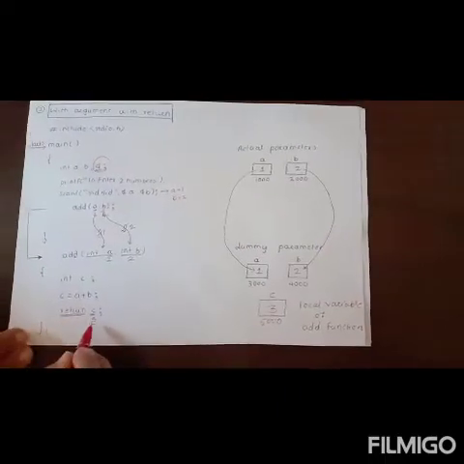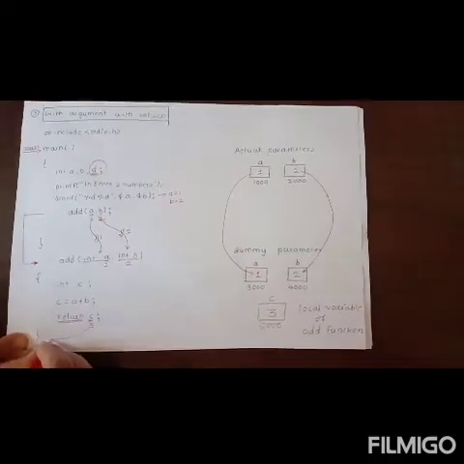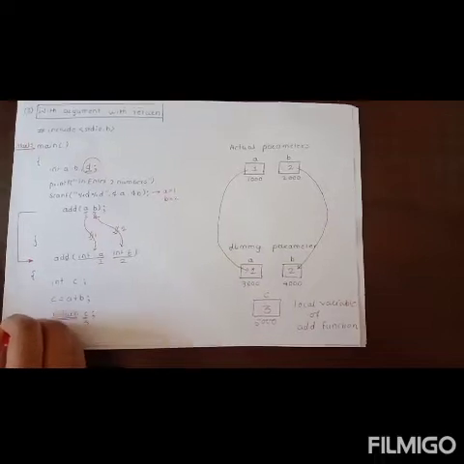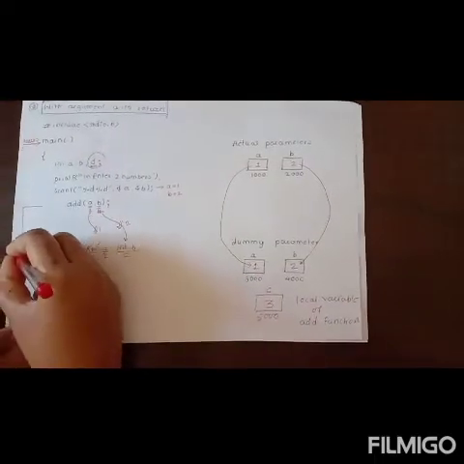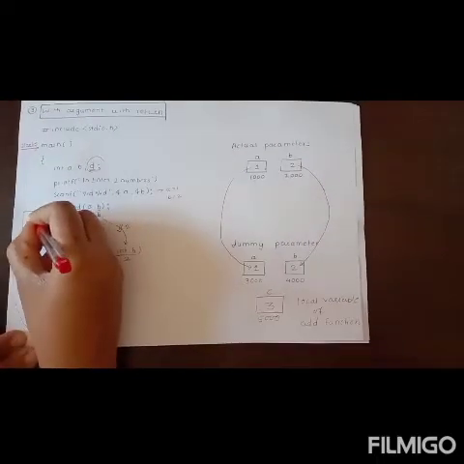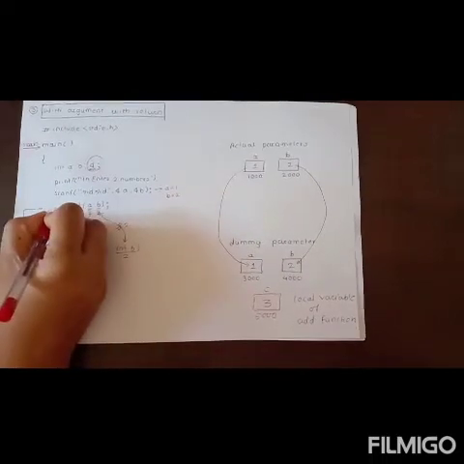Now return 3. This value is returned back to the calling function, and now this is received by variable d.